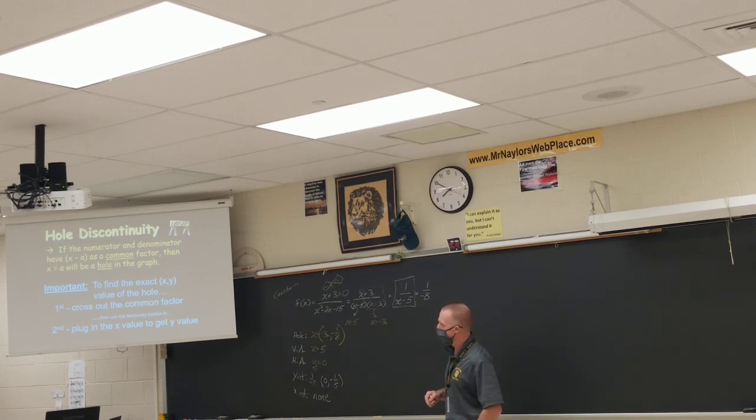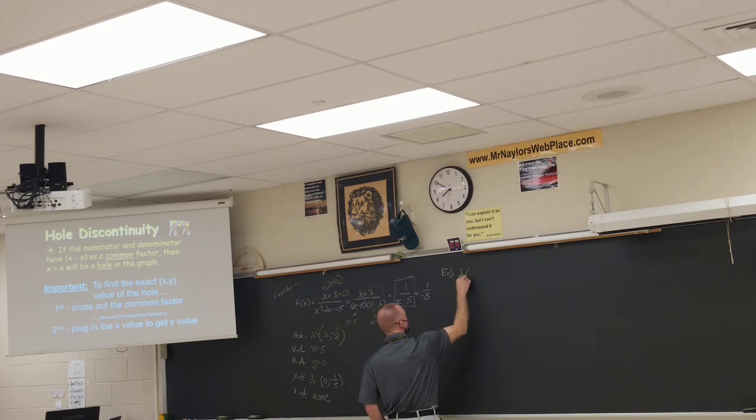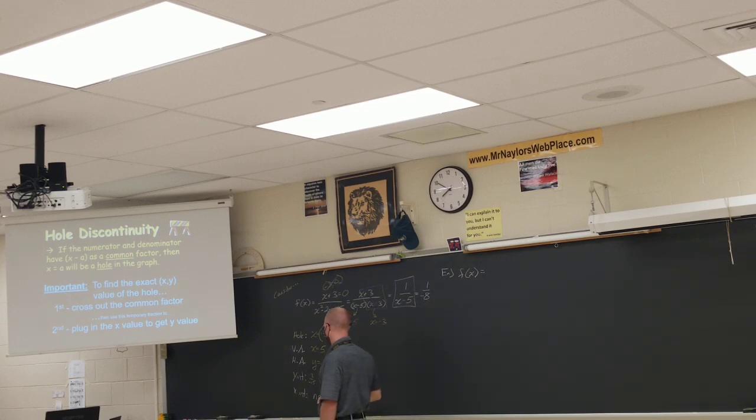I made a temporary equation so that I could plug in x and get y. So we got this idea of crossing out the common factor. What you're actually doing is you're crossing out the problem so that I can plug in x to that temporary equation and get y.